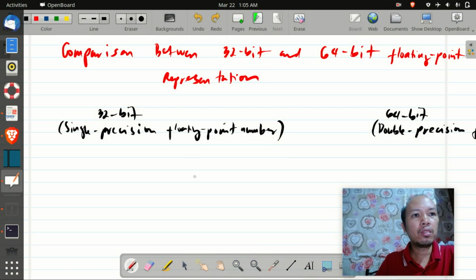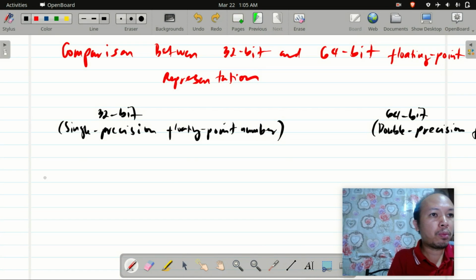So this is the representation using a 32-bit.